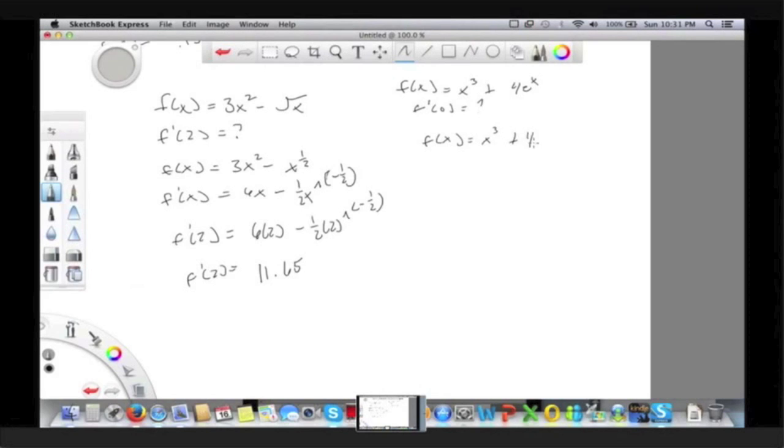Okay. Check that on your calculator. Okay, so e to 0 is 1.